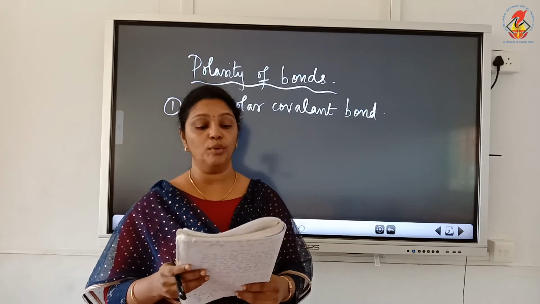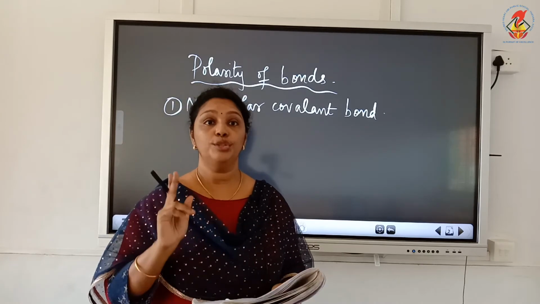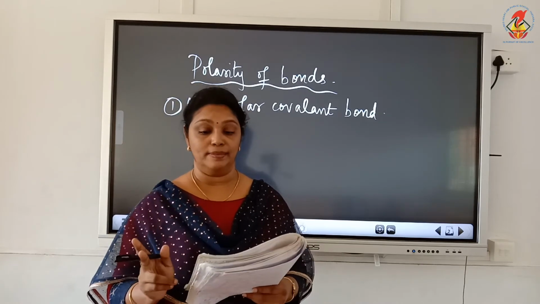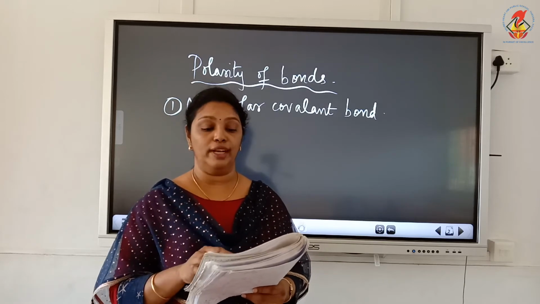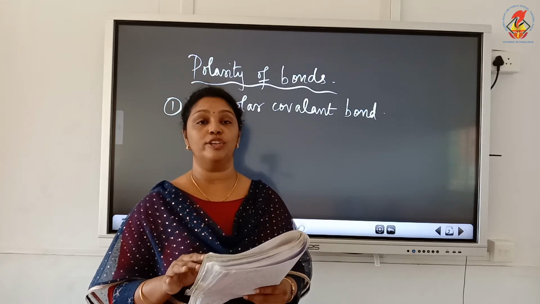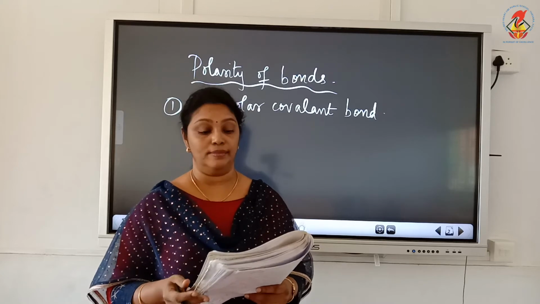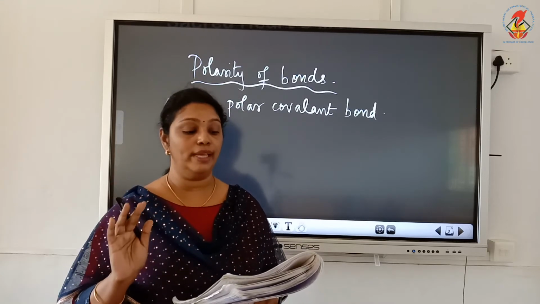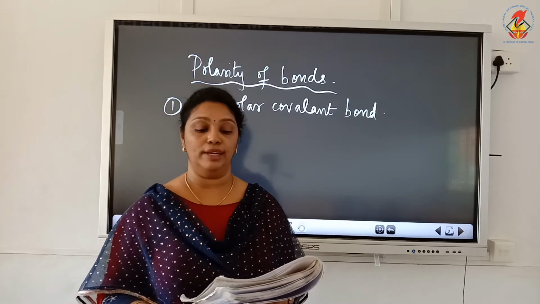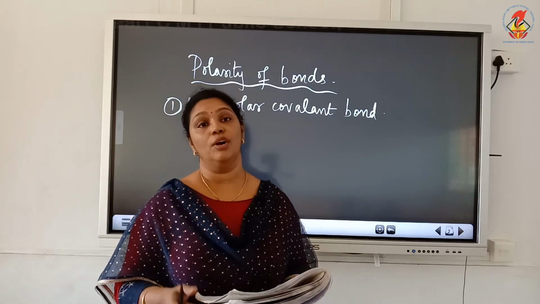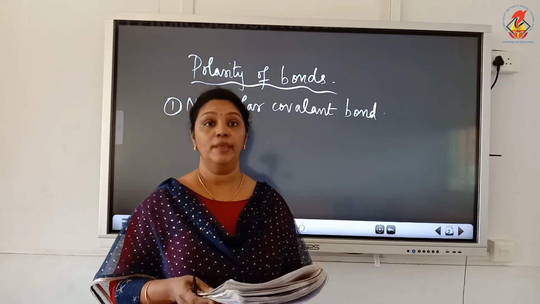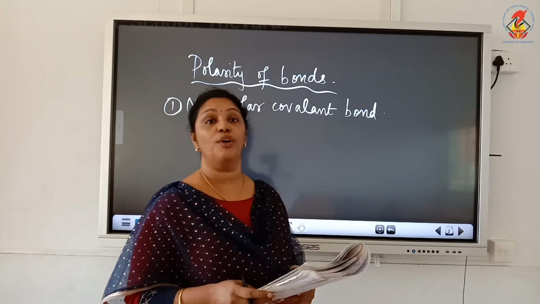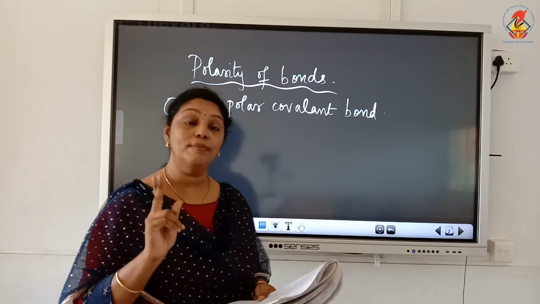When a covalent bond is formed between two similar atoms, the shared pair of electrons is equally attracted by the two atoms. So the electron pair is situated exactly between the two identical nuclei, and this bond is called a non-polar covalent bond. So a non-polar covalent bond is formed by two similar atoms.